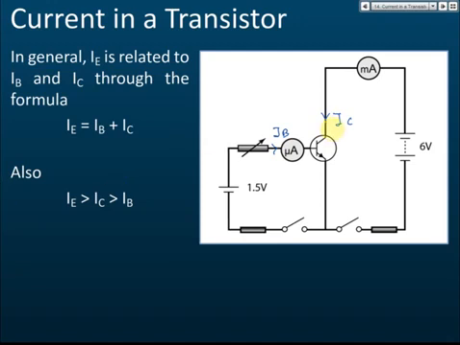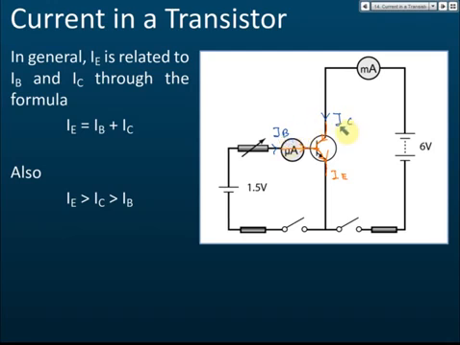When they flow into the transistor, they join together and go to the emitter. So the collector and base currents go into the transistor, then go to the emitter, and we have an IE here. Therefore, IE is equal to IB plus IC.